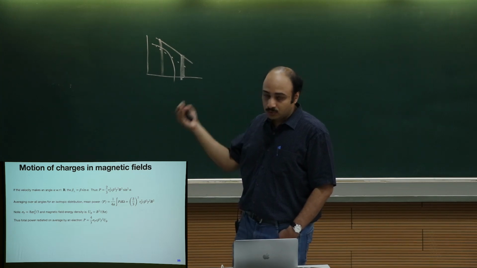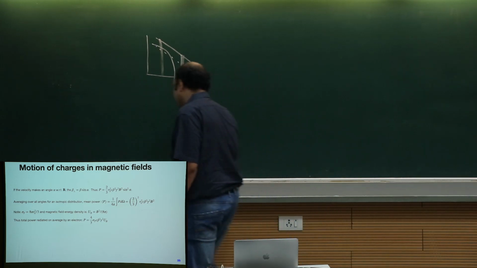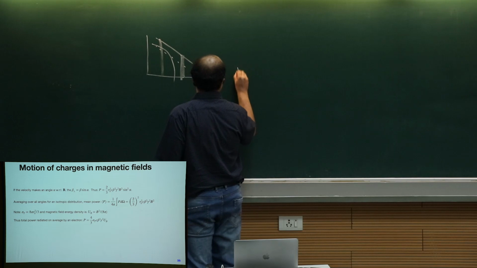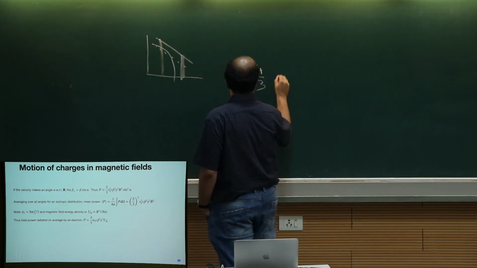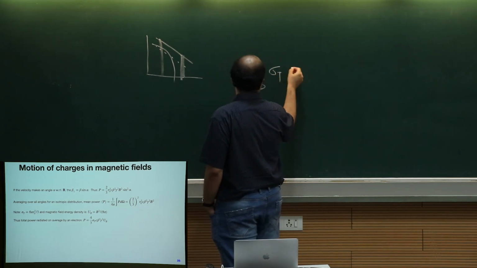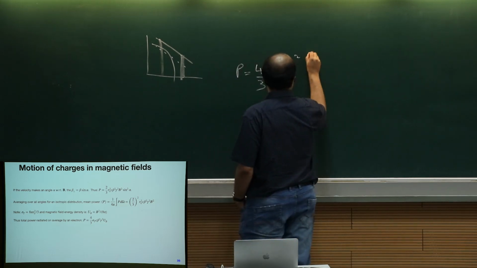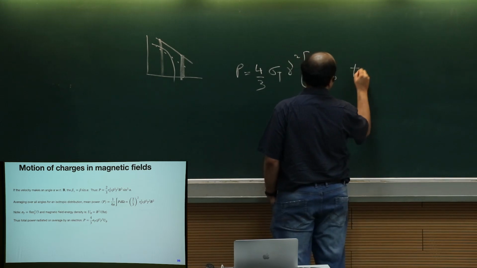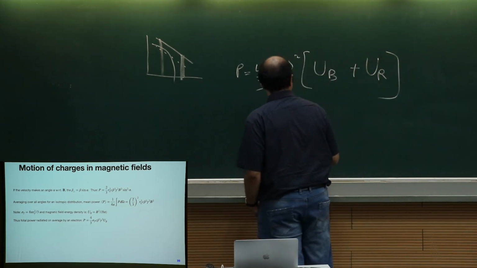So when you consider total energy losses of a system, we often write it as something like this: 4/3, beta squared we remove now because beta is almost c, then UB plus UR, which is the radiation field.